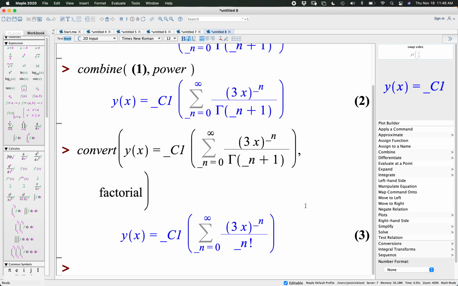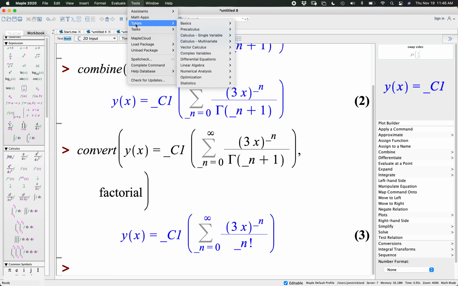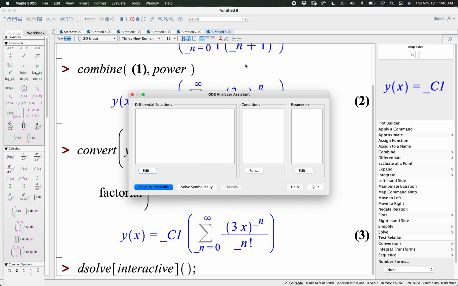And again, we can go back to the ODE analyzer. So in terms of the tools, tutors, differential equations, ODE analyzer. So you got this particular portion here.